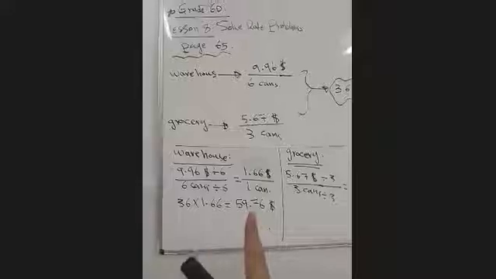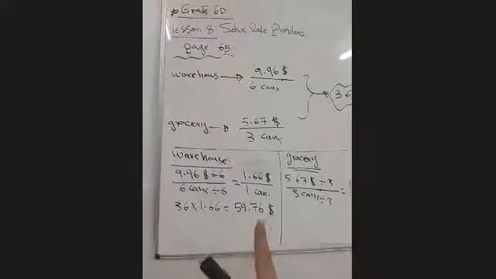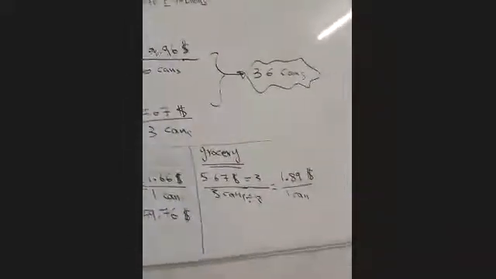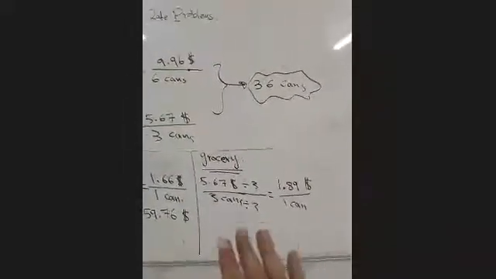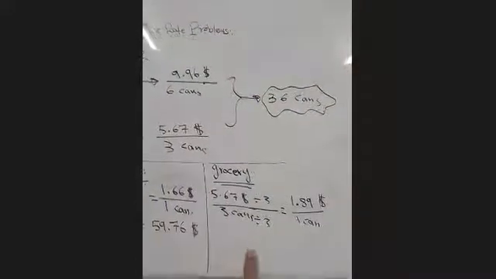The answer will be, let me find the answer. 36 multiply 1.66 is 59.76. So the price of the 36 cans in the warehouse store is $59.76.